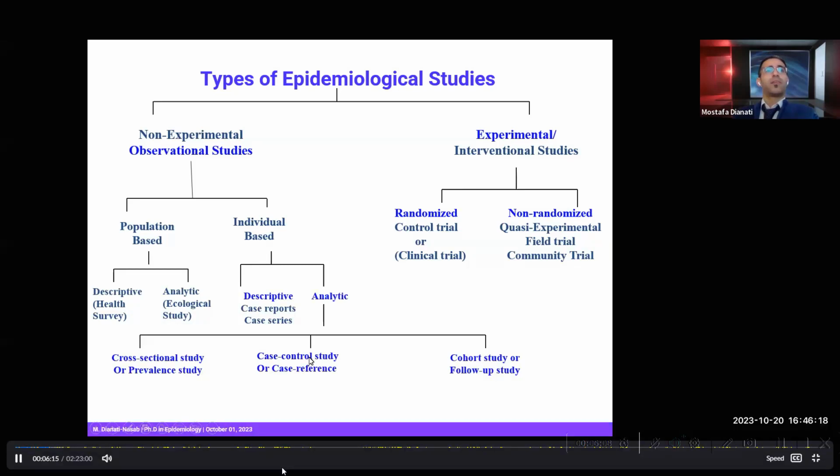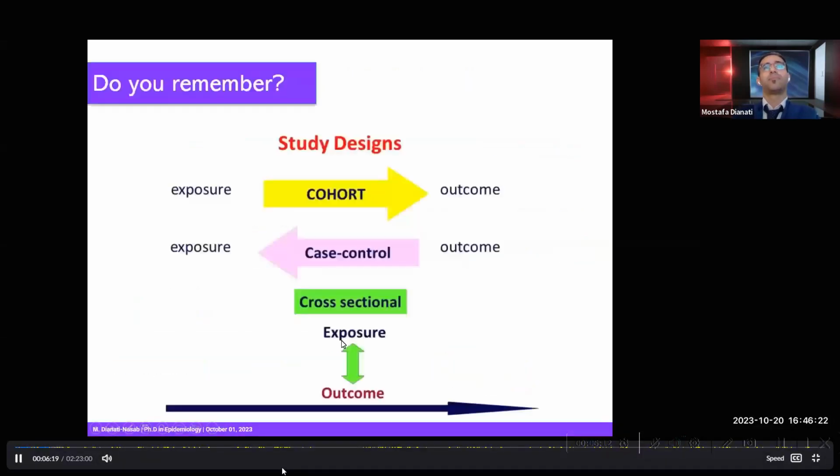And here we already covered case control and cross-sectional. Do you remember for cross-sectional studies, I said at the same time, like taking a screenshot or a snapshot, we look at exposure and outcome, as you see here.